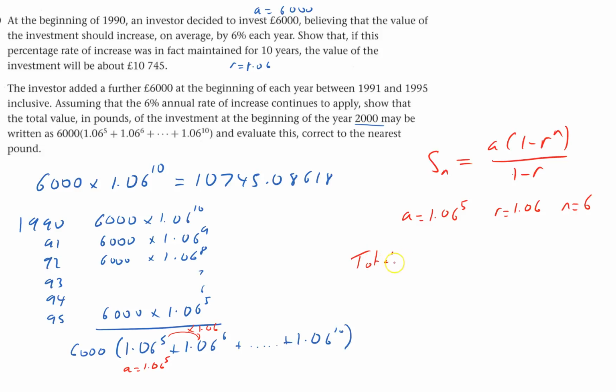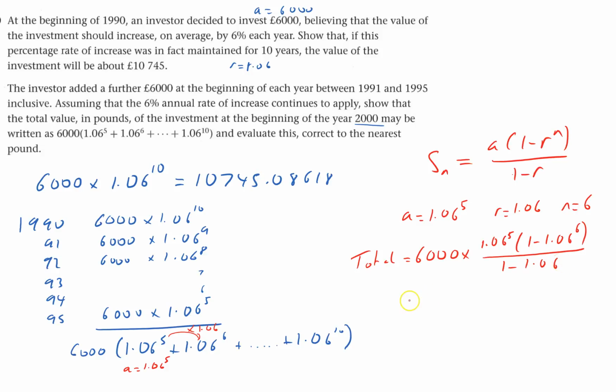I'll call it total equals 6,000 times the sum of this series here. So we've got A, 1.06 to the power of 5, times 1 minus 1.06 to the power of 6, all over 1 minus 1.06.